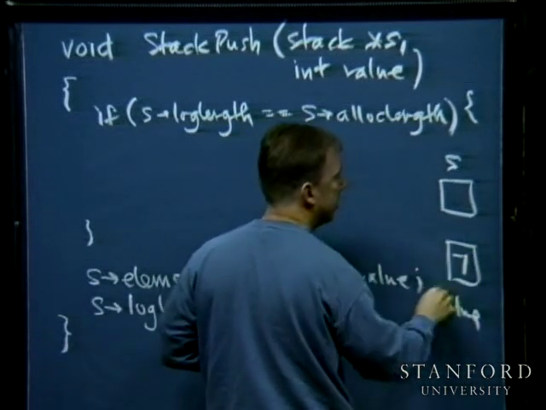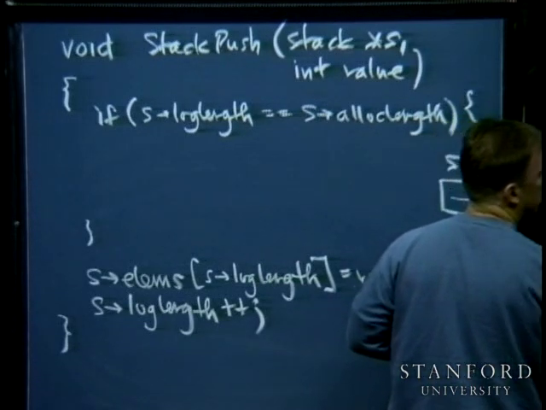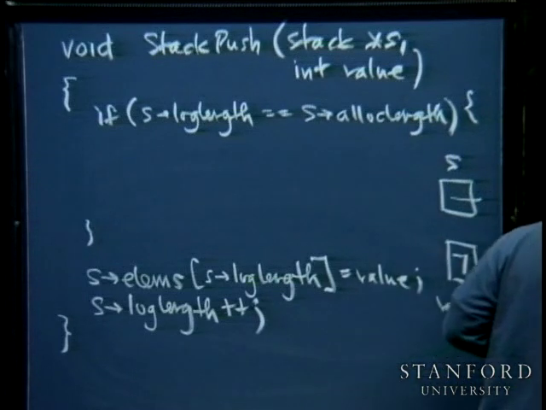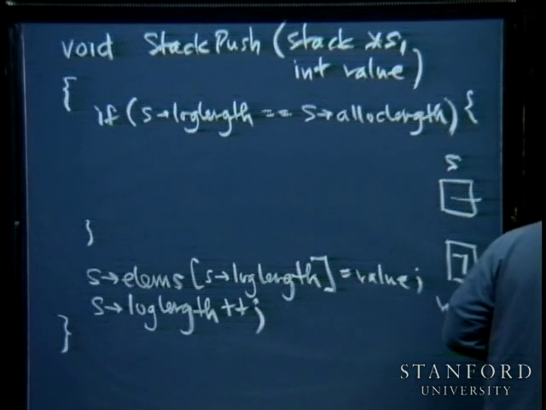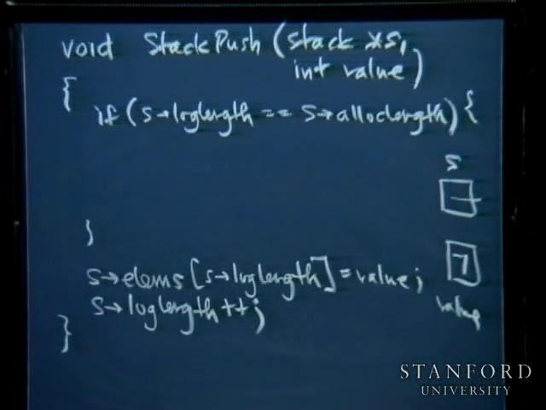I'm trying to push on a 7. Let's say that S points to this right here, and the logical length and the allocated length are both 4, and I've pushed these 4 numbers on there. The client doesn't have to know that there's a temporary emergency.